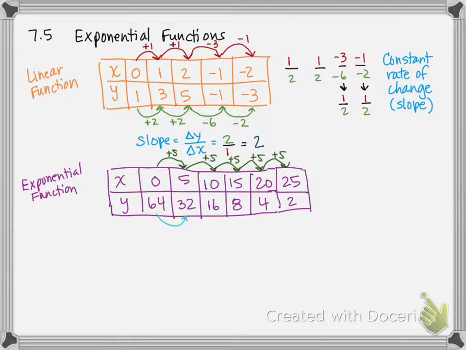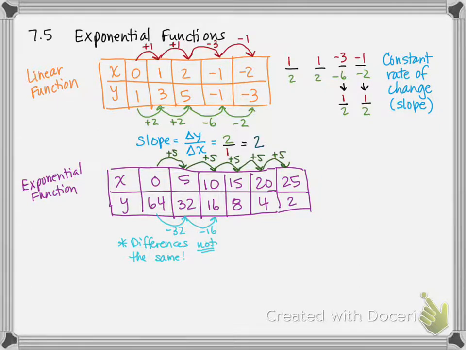So this would be subtracting 32. This would be subtracting 16. So as soon as I see that the differences are not the same, then that means the pattern isn't like an arithmetic sequence.